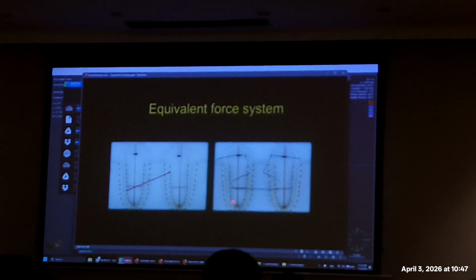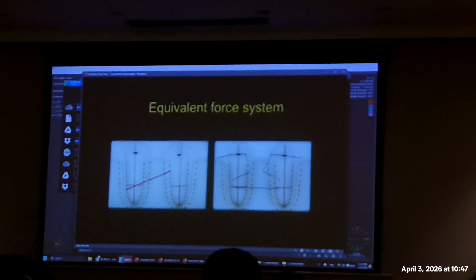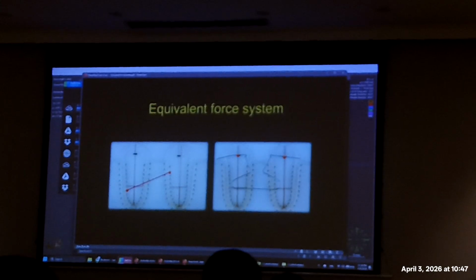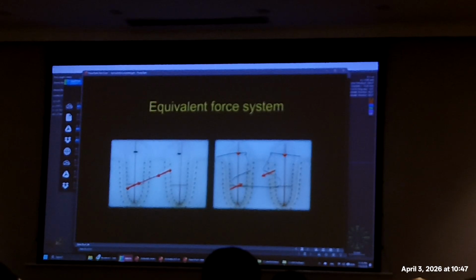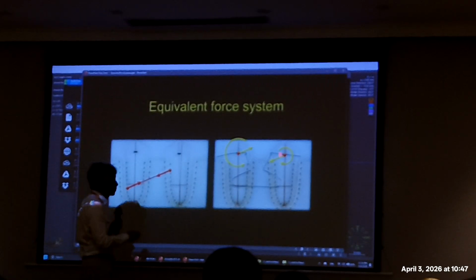The left one translates, and the right one undergoes controlled tipping. So what happens is, the red point is the point of force application, and clinically it's not possible. So this is what it does. It goes up like this, and there is a moment to force ratio. So it goes translation, and it goes controlled tipping.